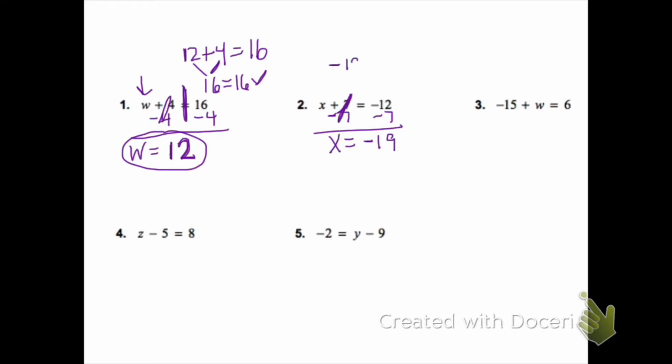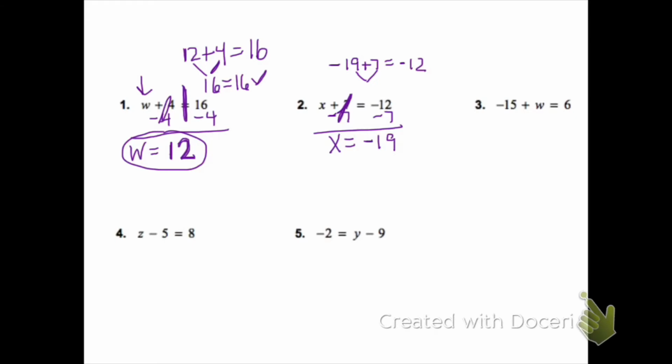So we have negative 19 plus 7 is equal to negative 12. This is what we're checking, so we have negative 19 plus 7. Since one is positive, one is negative, find their difference. So in this case, we're going to be subtracting 19 and 7. And you always subtract the smaller from the larger when you do that.